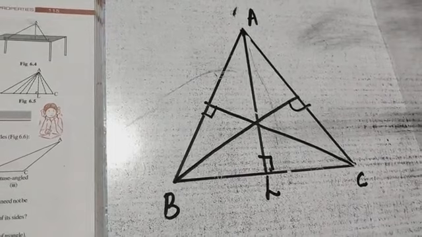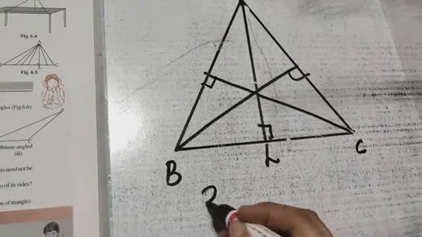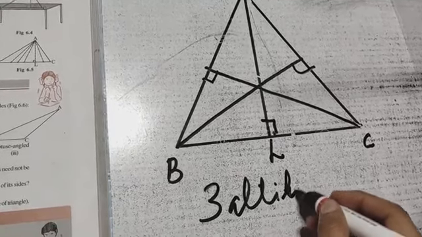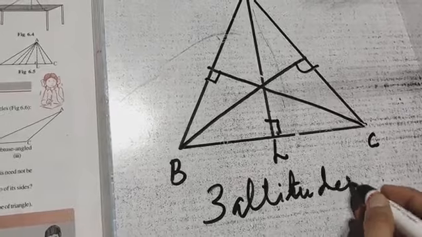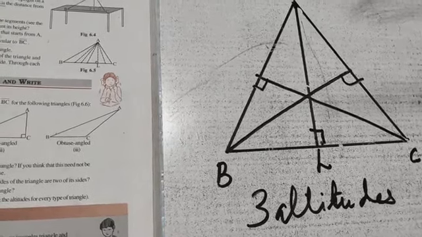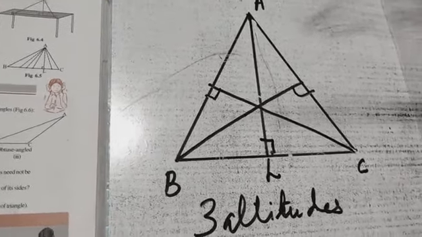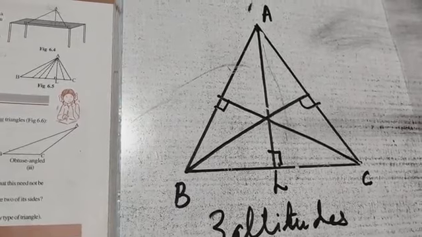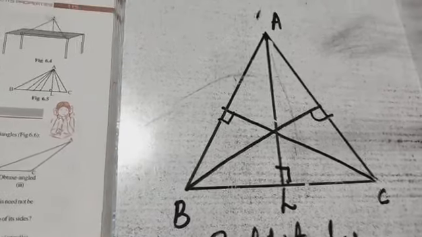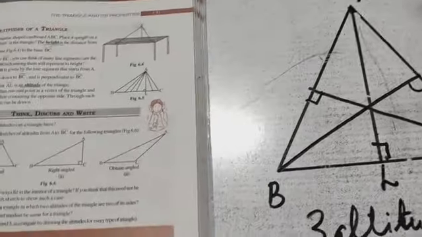So ABC has three altitudes, also three medians. Medians were coming to the midpoints, they were bisecting the opposite side, but here we are taking the perpendicular. So it is basically the height of the triangle.